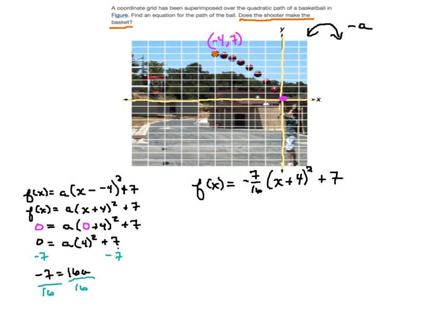Okay, so it looks like if my ball can hit, I bet they're wanting us to use this point here because it looks like that's in the basket and that's at the crosshairs. So if this point right here makes the statement true when I plug it in, then he's going to make the basket.